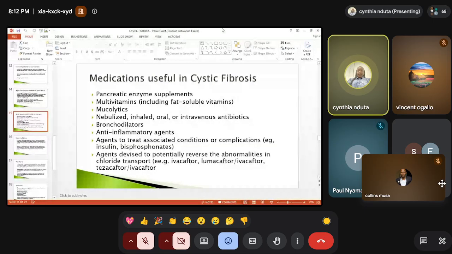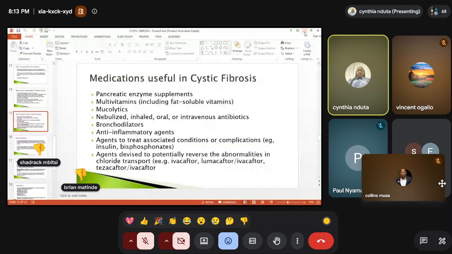Does any one of us stock any of these drugs? If you don't, you can put a thumbs down. Do you guys stock these products there? Ivacaftor, lumacaftor.